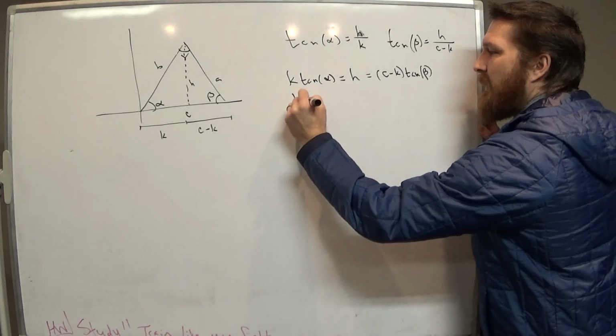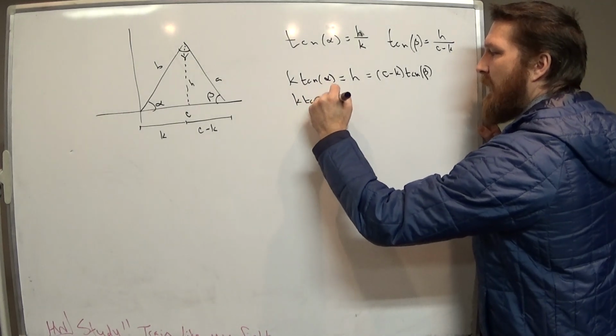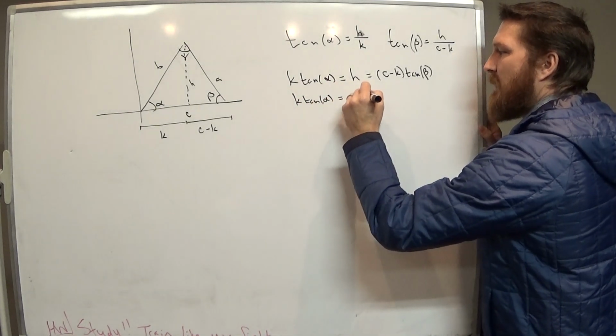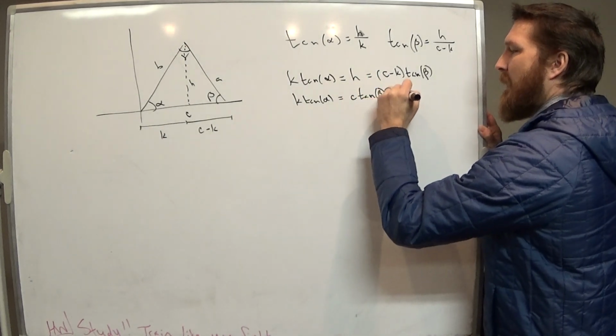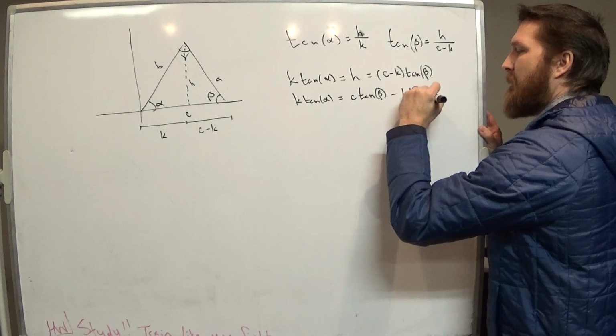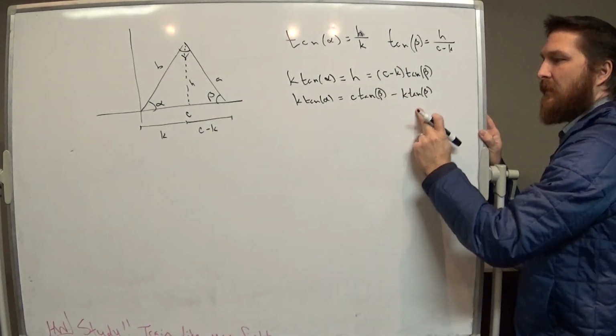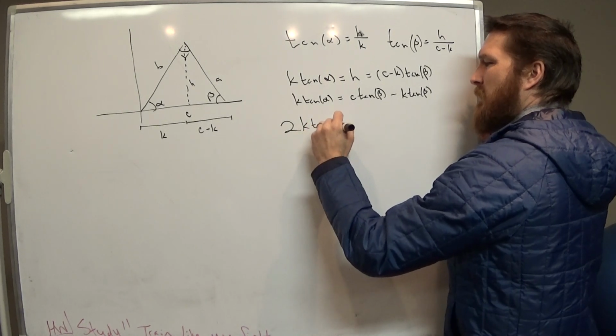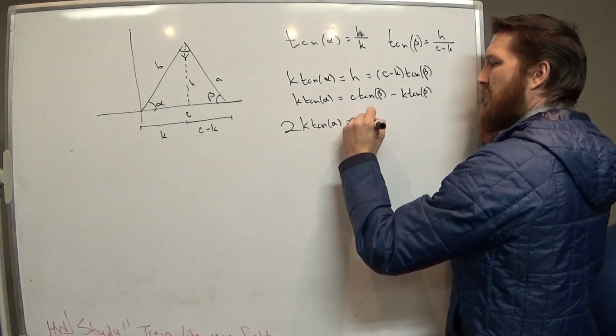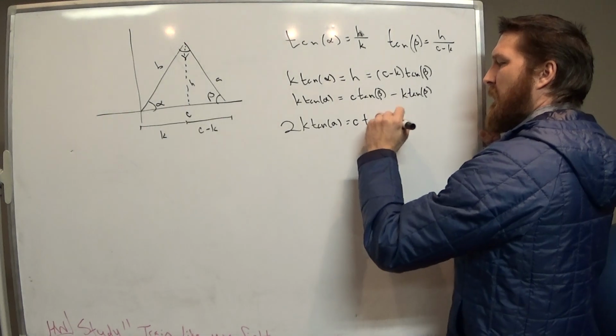And so we have k tan alpha equals c tan beta minus k tan beta. And so let's get this over here, and we have 2k tan alpha is equal to c tan beta.